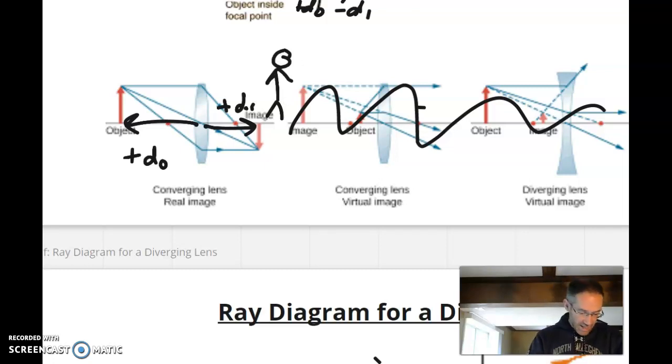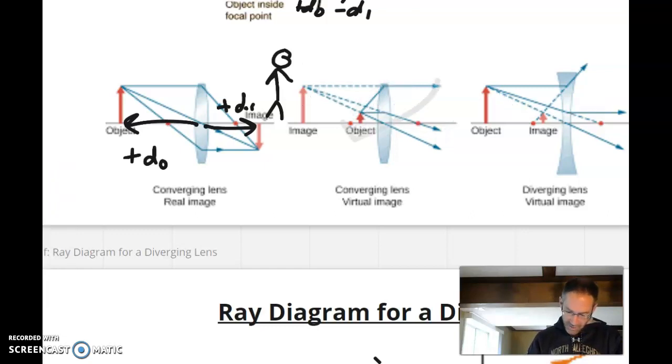Now, in contrast to that, look at these. On these, we're going to have an object and an image that are going to be on the same side. So say I'm looking at this middle picture. Here I am as the observer, and I'm looking at this object, that darker one, through the lens.